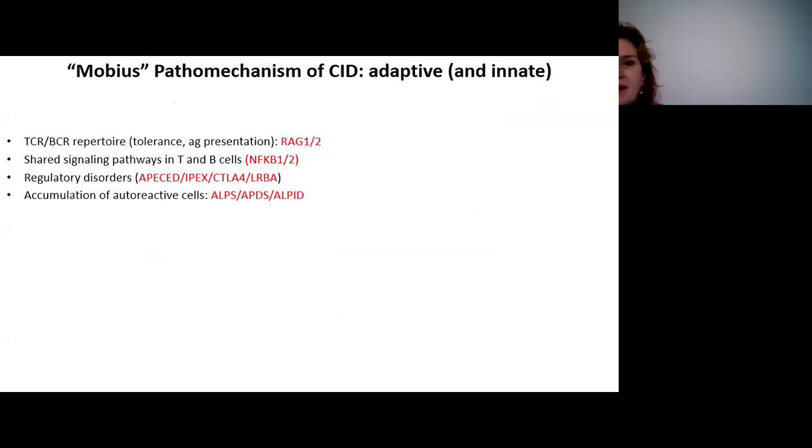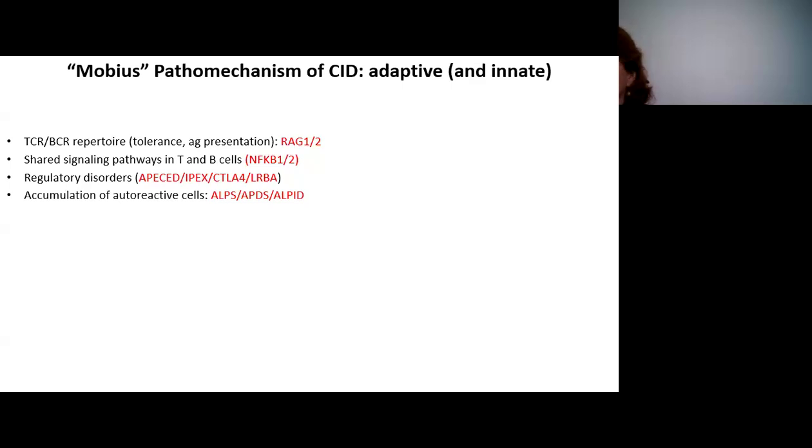Okay, so I think the pathomechanism of combined deficiency and immune dysregulation is actually very complex, and it is sort of undulating, because in certain disorders, for example RAG deficiency, the underlying problem is the repertoire of T cells and B cells. The repertoire is generated partly by the RAG genes, and so the immune dysregulation would come from the fact that there are a lot of autoreactive B cells and T cells.